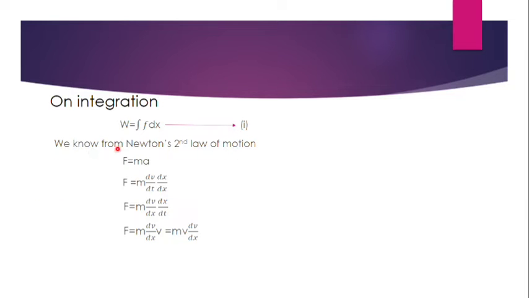We know from Newton's second law of motion that F is equal to ma, force is equal to mass into acceleration. We also know that dv by dt, the derivative of velocity with respect to t, gives us acceleration.